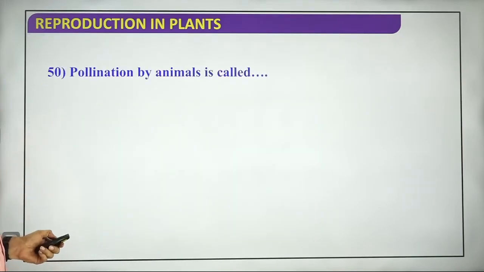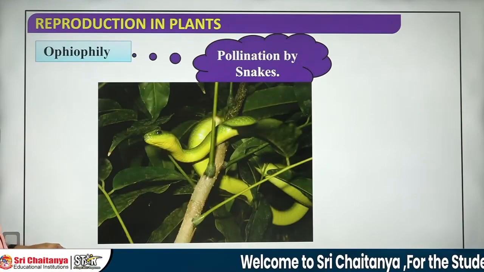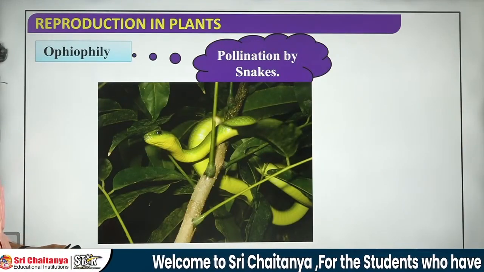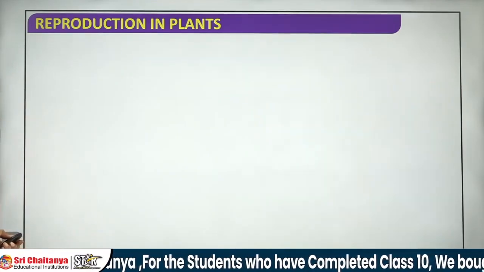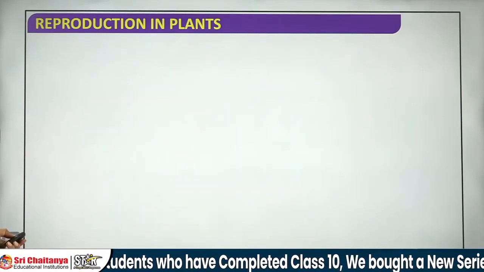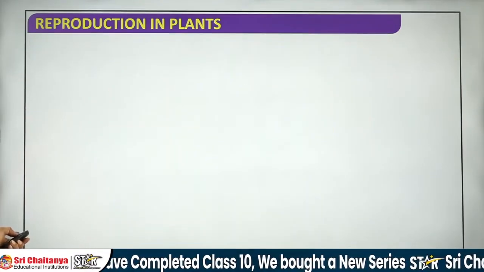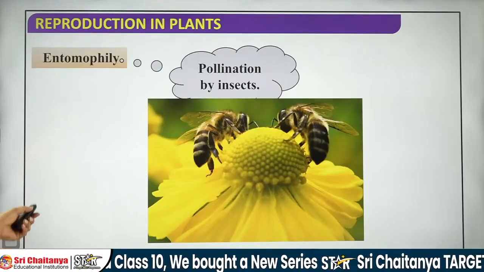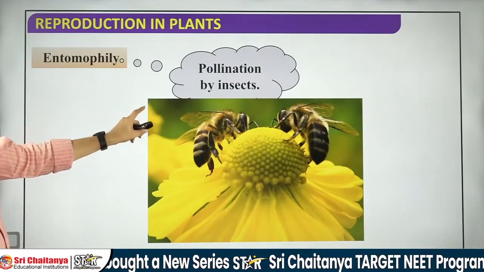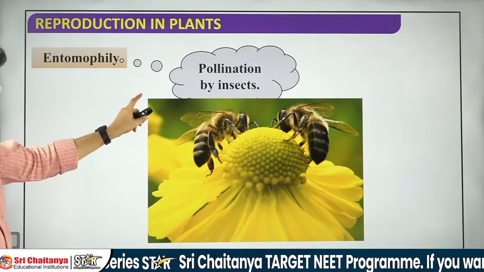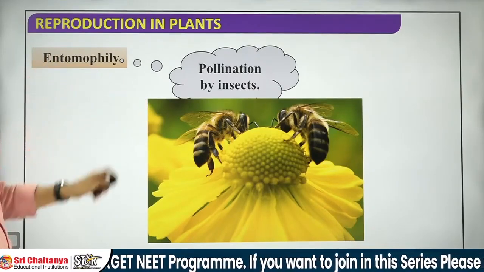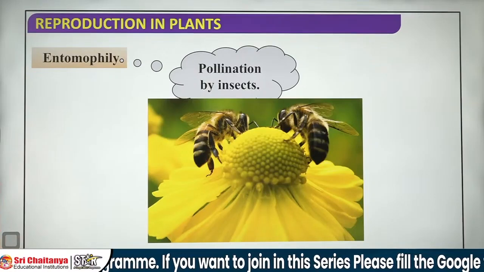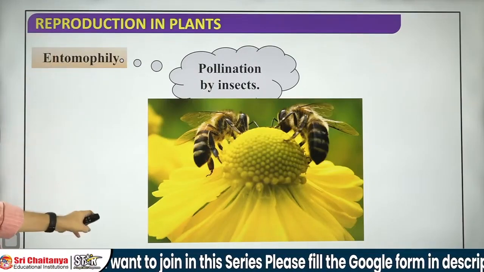All these are the types of zoophilous pollination. Once again, what are the types of zoophily? Based on the type of animal, it is classified into different categories. Among these different types of zoophilous plants, entomophily is the most dominant.